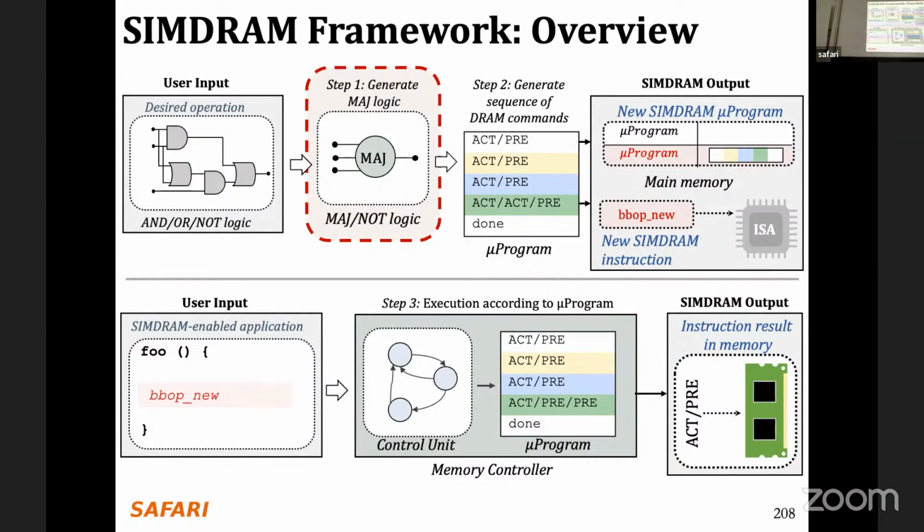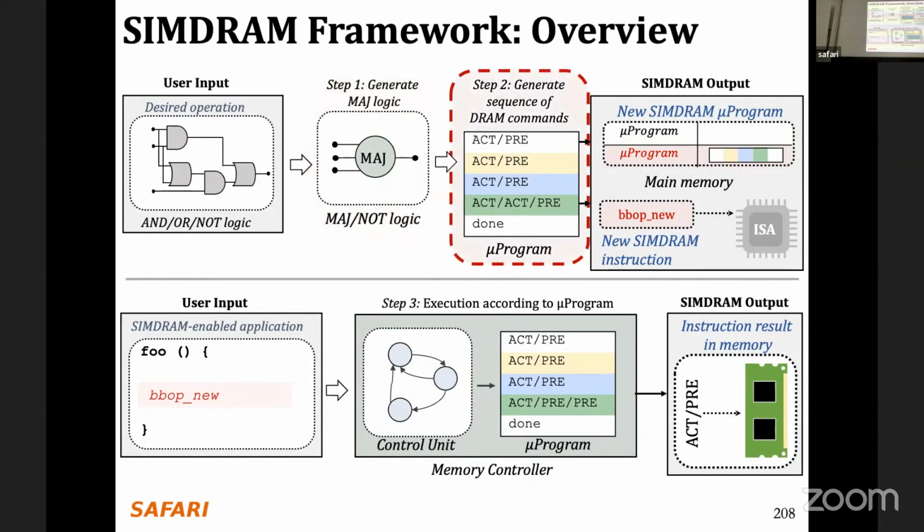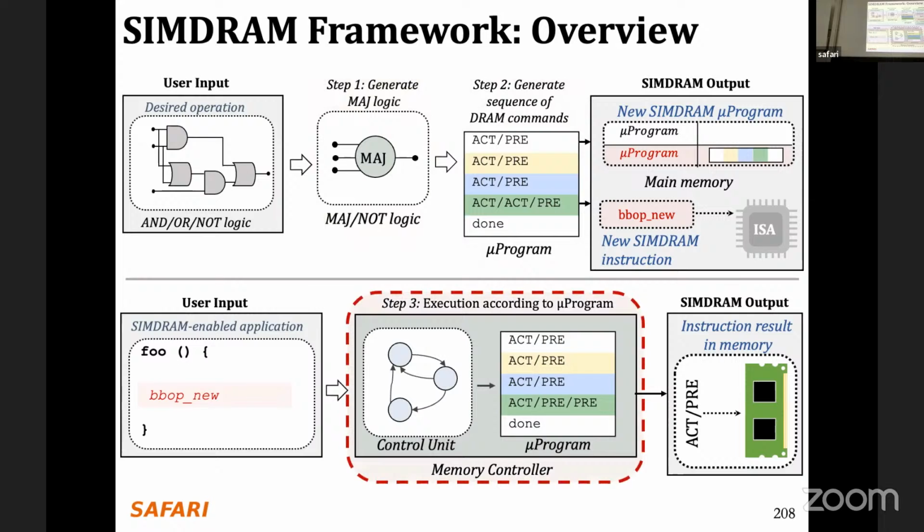After that, we generate the sequence of DRAM commands that translates the circuit that uses majority and NOT logic into RowClone and triple row activations, and we call this a microprogram. The microprogram is stored in main memory and also added to the ISA of the processor.